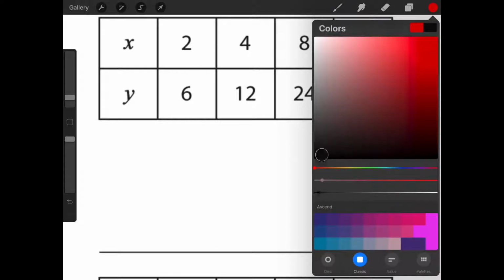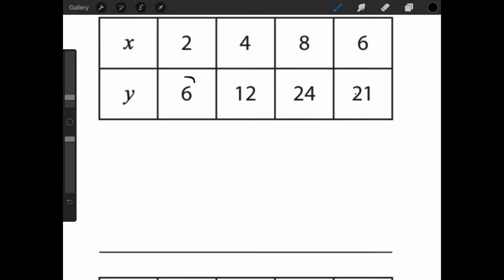So let's take a look at question number 2. We're going to do the exact same thing, our Y over X. So 6 over 2. 6 divided by 2 in my calculator is 3. If you're not good at doing division in your head with numbers, then just go ahead and use your calculator, because sometimes you'll have negatives, decimals, or fractions. It's good for you to be able to do all those things, but if you have a resource like a calculator, it just makes it go a lot faster.